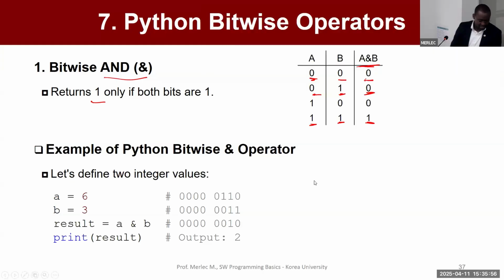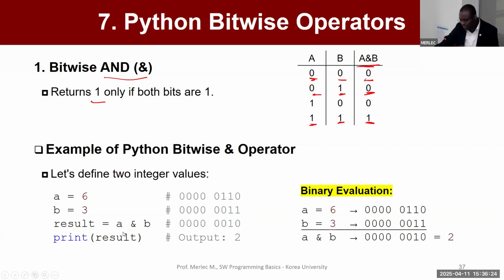So basically, it first converts 6 into binary, representing the 6 in 8 digits. So you have 0, 0, as I mentioned. You have 2 blocks of 4 digits. So in the table, if you check, 6 represents 0, 1, 1, 0, and then 3 represents 0, 0, 1, 1. Then the result will be 2, applying the bitwise operations.